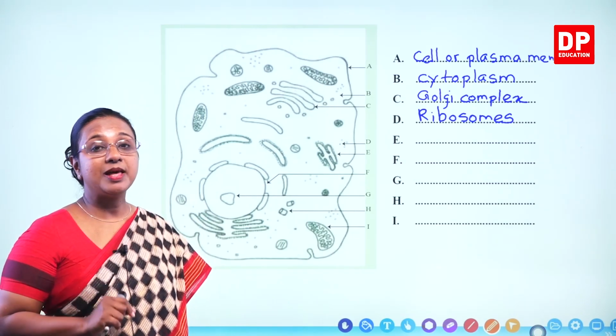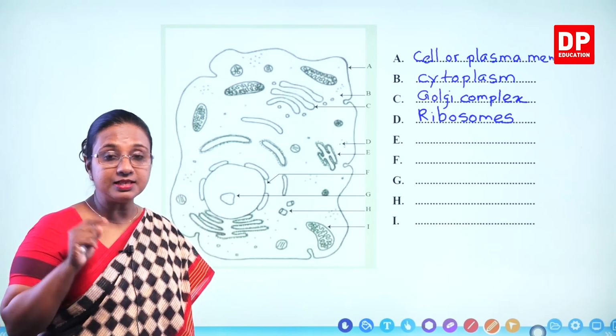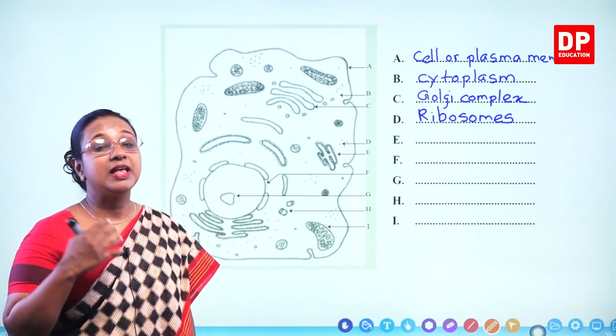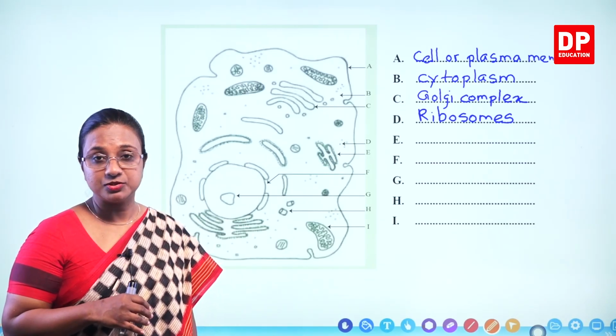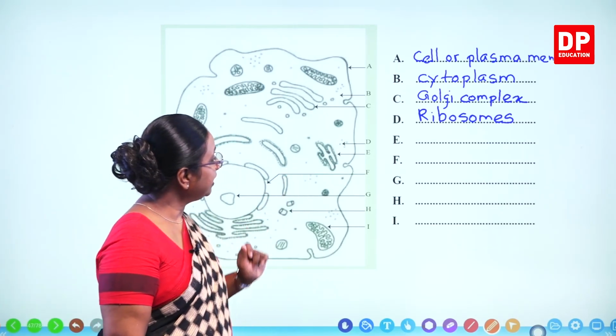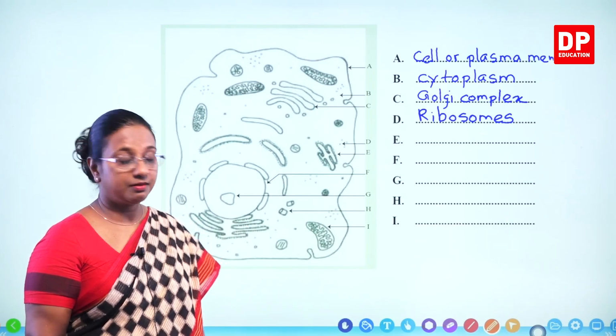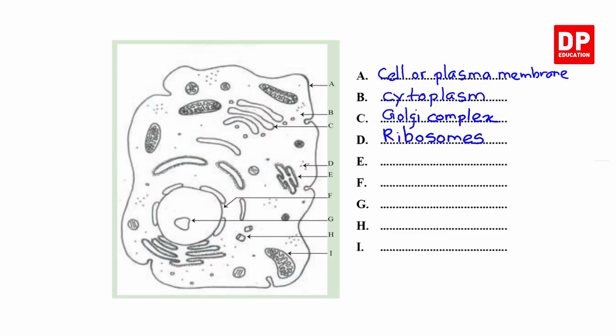The rough endoplasmic reticulum that has the ribosome and the smooth endoplasmic reticulum that doesn't have the ribosome. What is E? It is the rough endoplasmic reticulum.